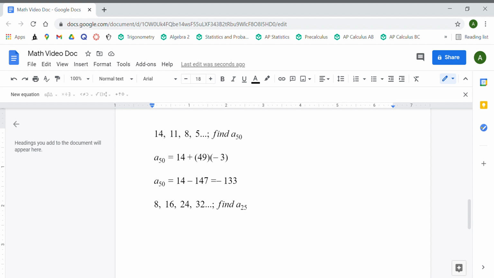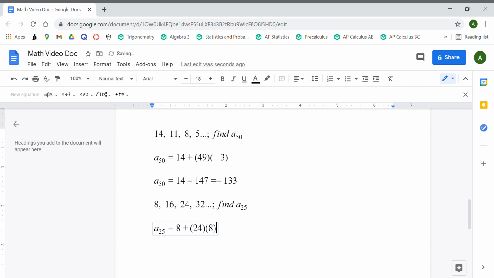Okay, so let's write things out. We're looking for a sub 25. It's going to go on the left-hand side. Our first term is 8. And then it's going to be n minus 1, 25 minus 1 is 24. Multiply it by the common difference. We take the second term minus the first term, 16 minus 8.